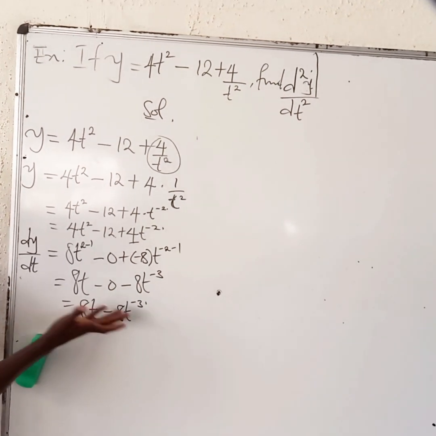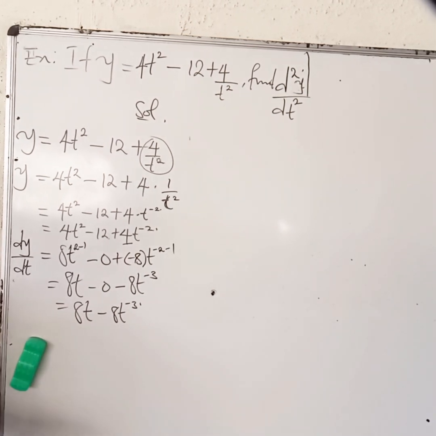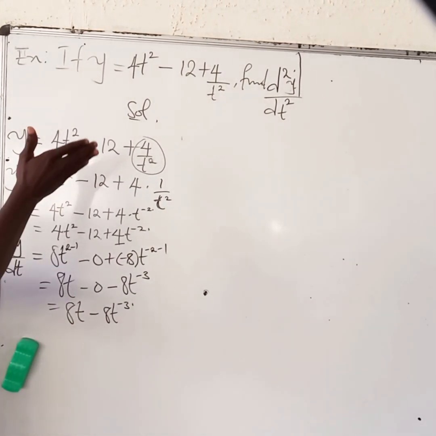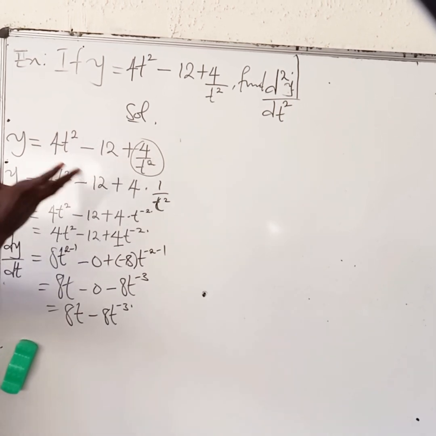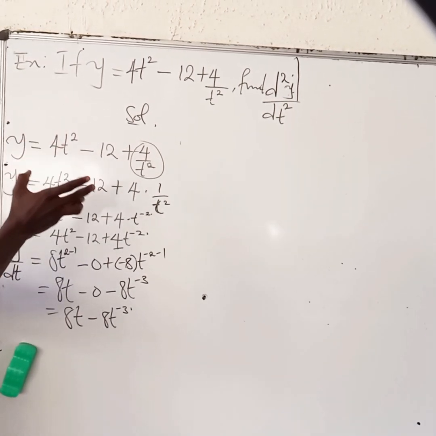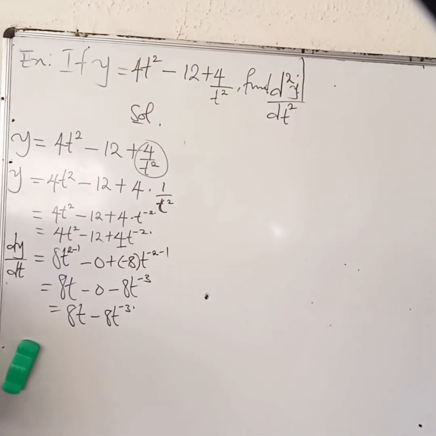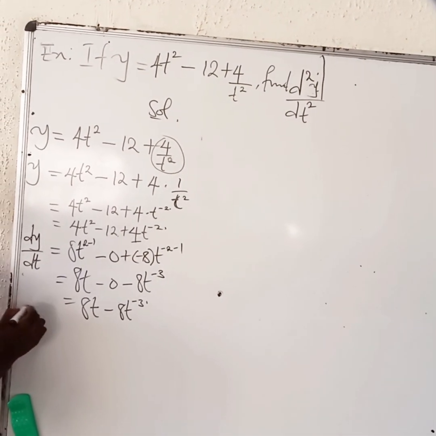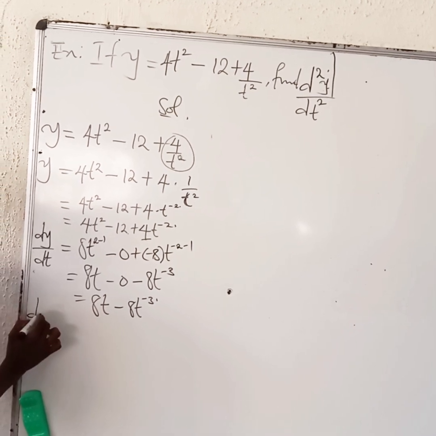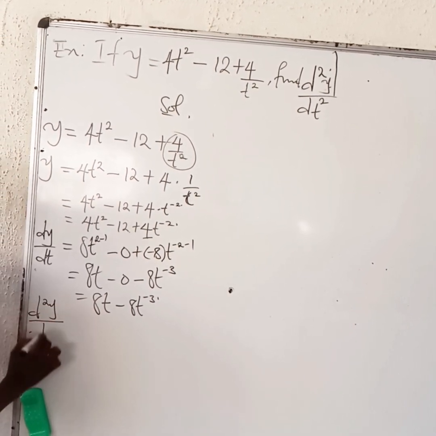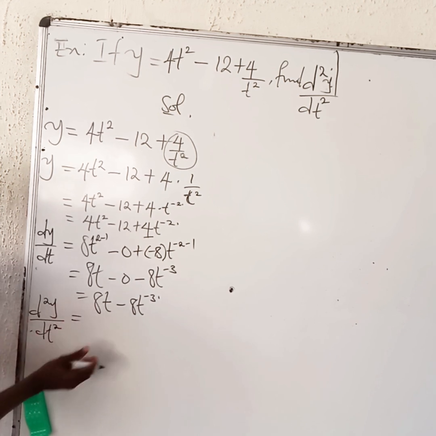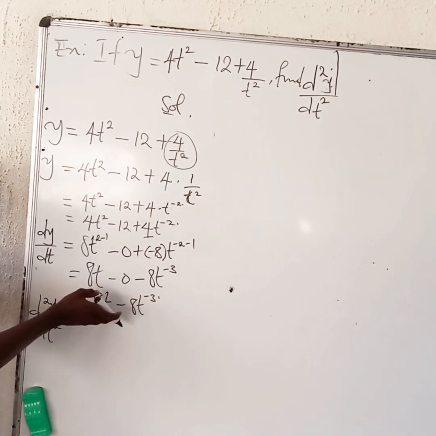Now this is not your final answer, because the question asks us to differentiate two times, which is d square y over dt squared. So now I proceed in differentiating the second time. I am differentiating this with respect to t.